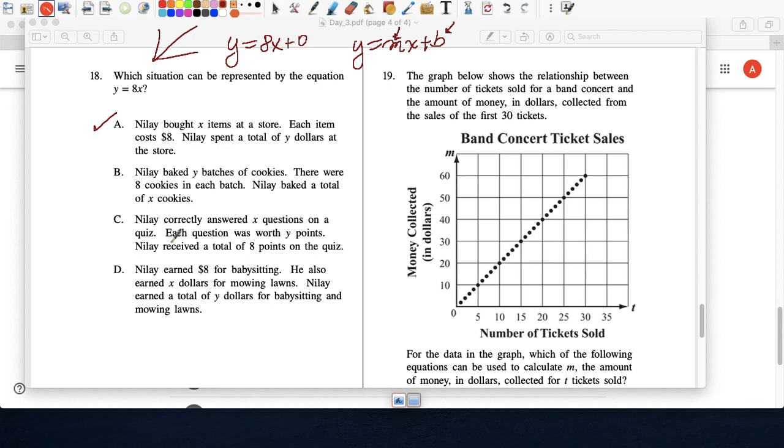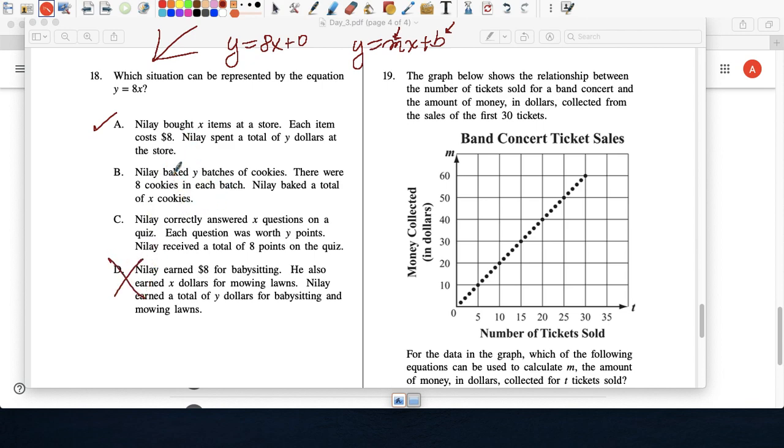No. Nina received a total of 8 points on the quiz. That doesn't make sense. Nina earned $8 for babysitting. She also earned x dollars for mowing lawns. So this already has 2 things going on.